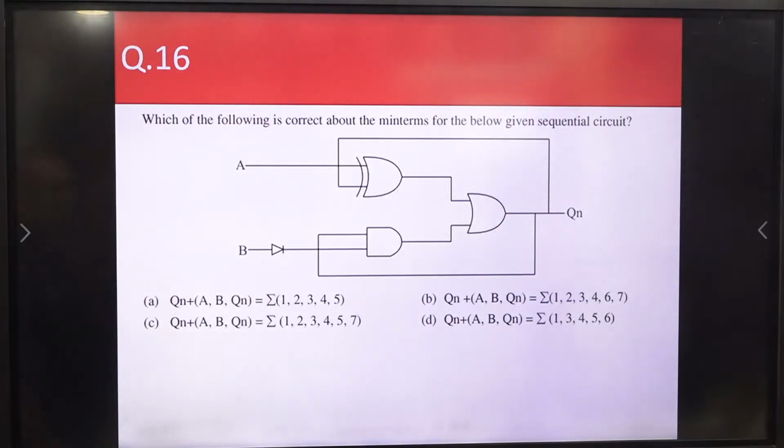So just read this question carefully and try to find out the answer.